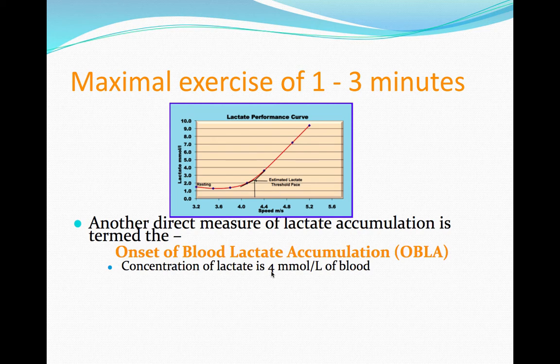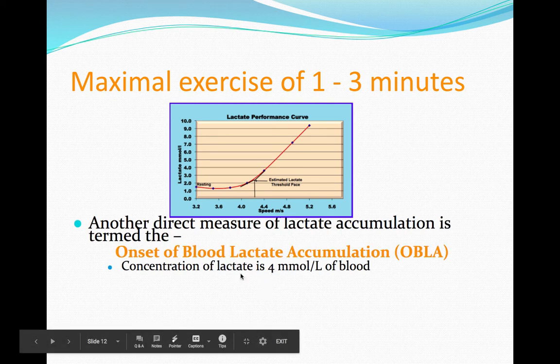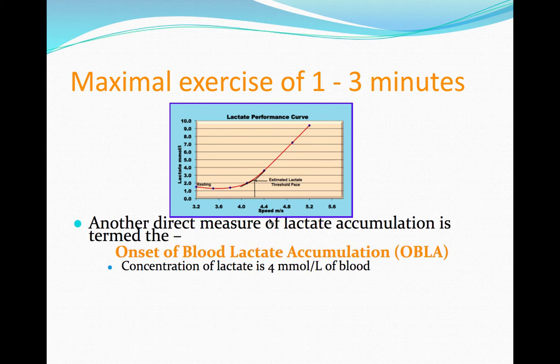There is one more direct measure of lactate accumulation called OBLA, the onset of blood lactate accumulation, and OBLA is always 4 millimoles. So in this example, OBLA is here, because OBLA is always 4.